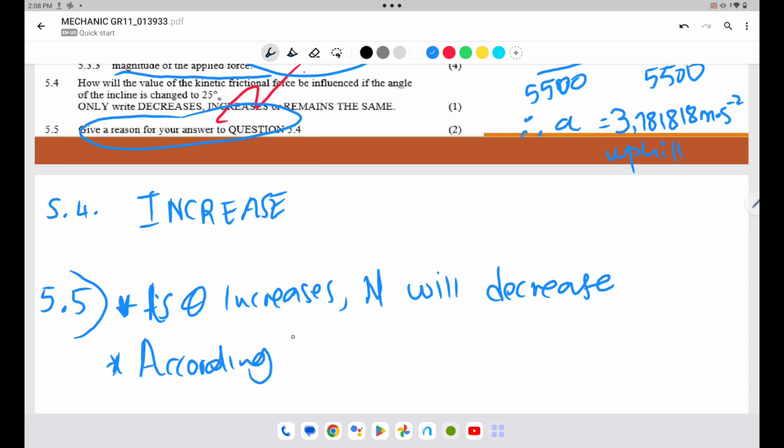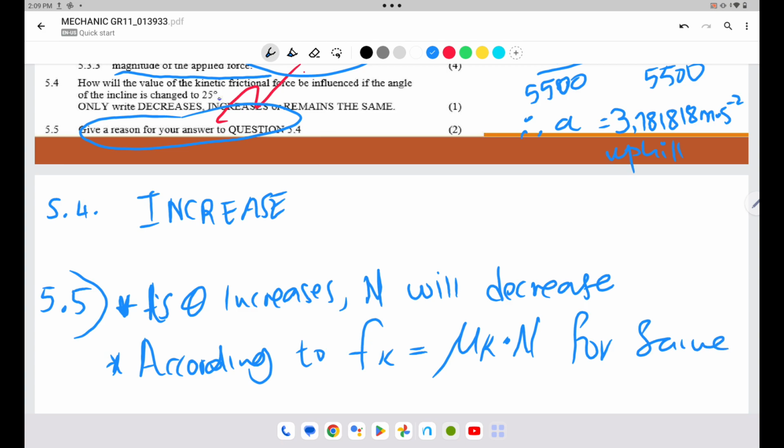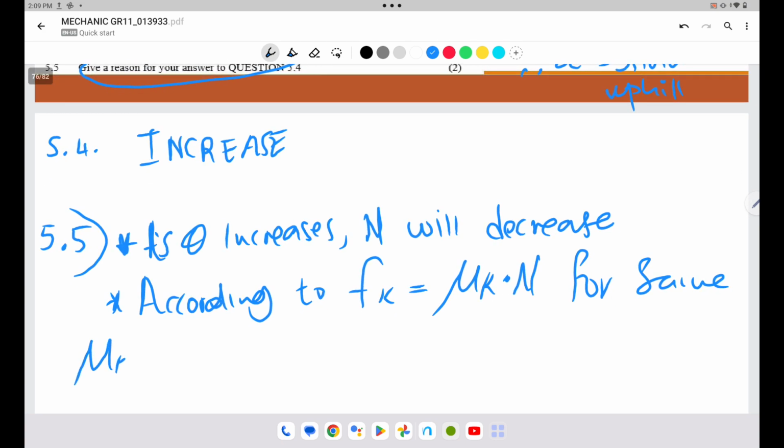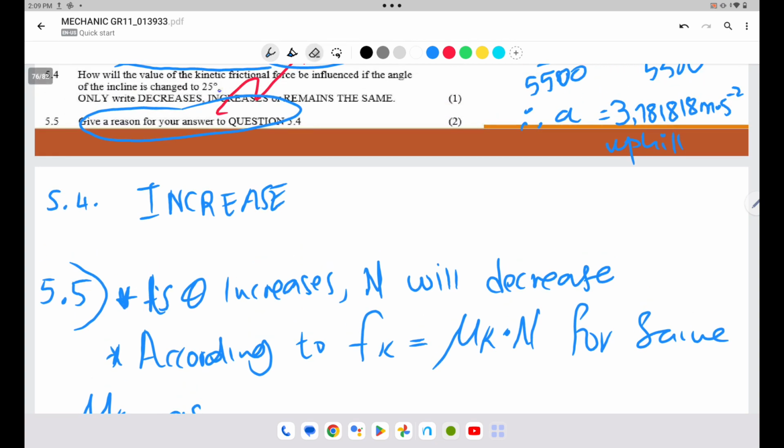According to fk equals mu k multiplied by the normal, for constant mu k, or for same mu k, as normal decreases, fk also decreases. My apologies, I wrote the wrong thing earlier.